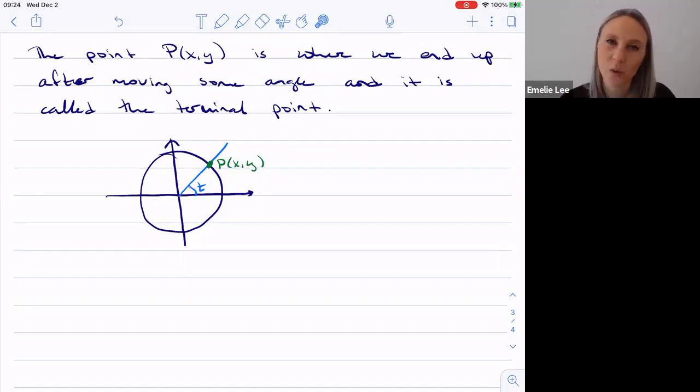You might remember SOHCAHTOA: sine is opposite over hypotenuse, cosine is adjacent over hypotenuse. We'll refresh those. But that's going to be an important feature of the unit circle, and of looking at the terminal point. If I know where I ended up on the circle, I also know the cosine of t and the sine of t. I'll bring those up later, but I just wanted to introduce those.